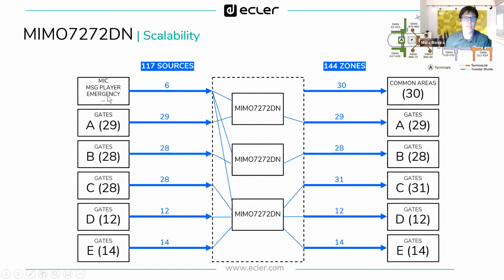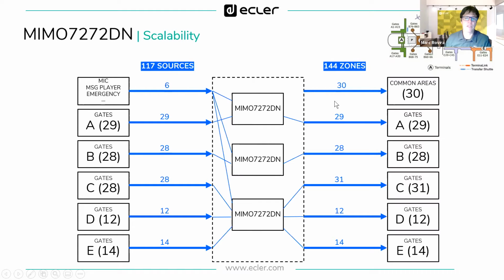So what we really need is that these common sources, a general mic, or a message player, or an emergency message, get to each and every zone. This is quite important. So we will route these signals to each and every device, so they can be routed to each and every zone.